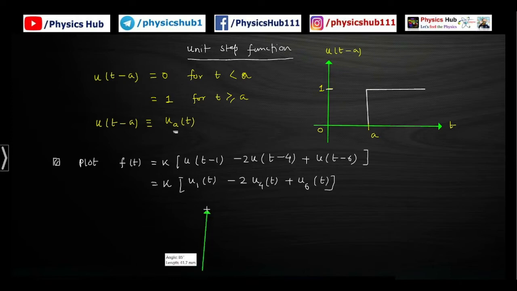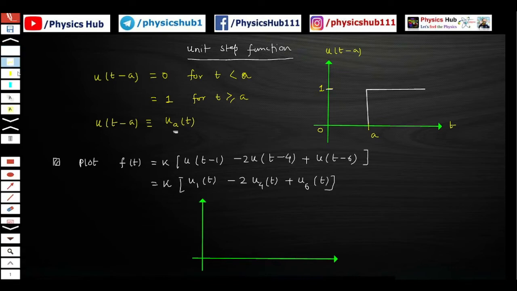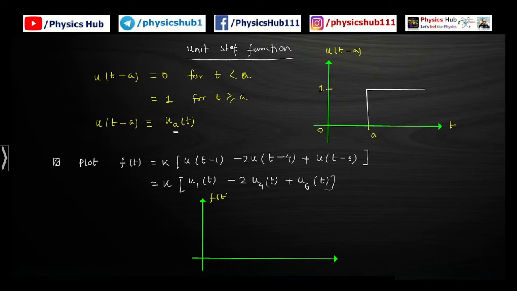Let's put xy coordinates in this way. So along the y-axis we are plotting f of t. Along the x-axis we are plotting t. So I think this axis would be taken a little bit higher, because we may require to draw it below the x-axis also.